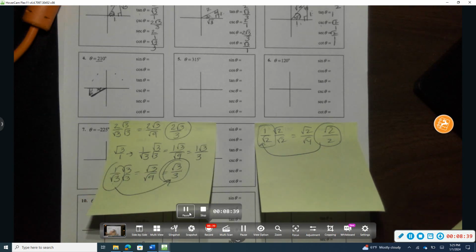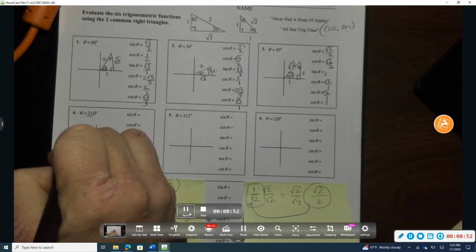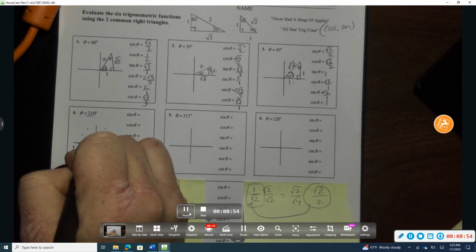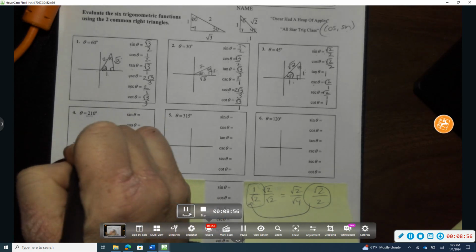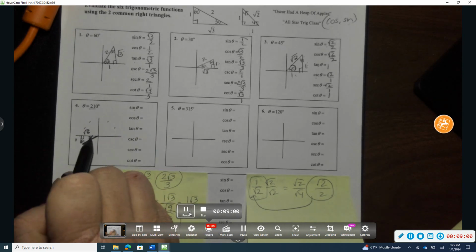Now if we look up above to the 30, 60, 90 triangle and to the 45, 45, 90 triangle, we can see that across from 30 degrees will be 1, across from 90 degrees will be 2, and across from 60 will be the square root of 3. What is the sine?